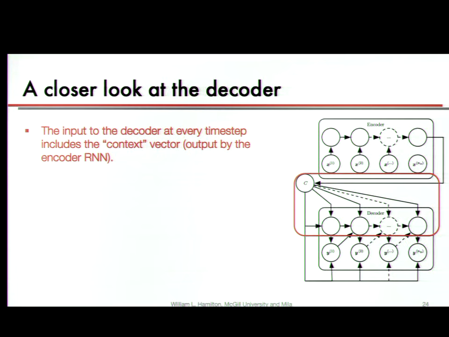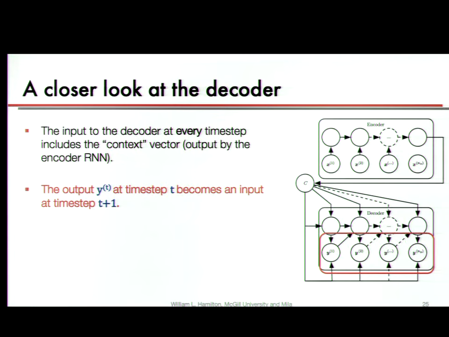So it's taking the context that was generated by the encoder, using that as part of its input to generate what is the next word, what is the next entry in this sequence. But it's also going to take the output of its previous time step as the input. So if we're doing machine translation and we're doing, say, "I love the movie," then in the first time step, we look at the encoded context and we say, okay, the first word is "je."